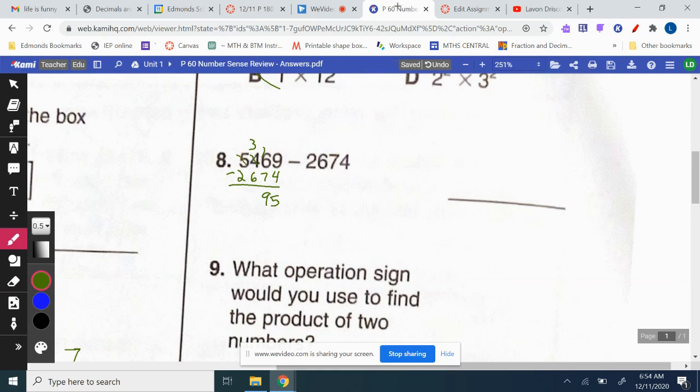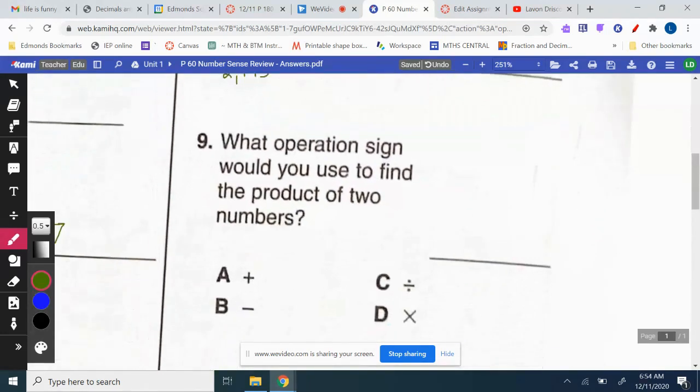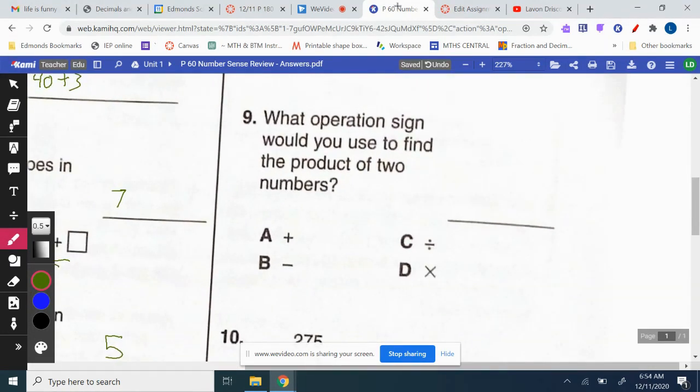Can't do it. Gotta go borrow. 13 minus 6 is 7, and 4 minus 2 is 2. So my answer is 2,795.